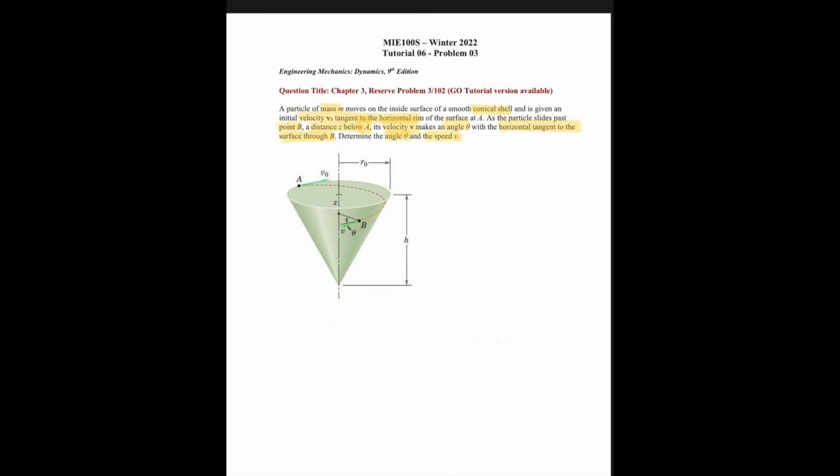We don't have any numbers in this question. There's a lot of variables and a complicated shape.